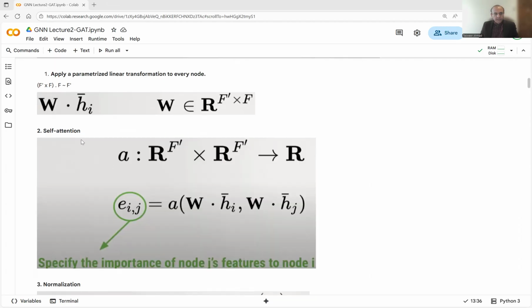Now for self attention, let's say we have an a, and a is an input matrix with a dimension of f cross f.